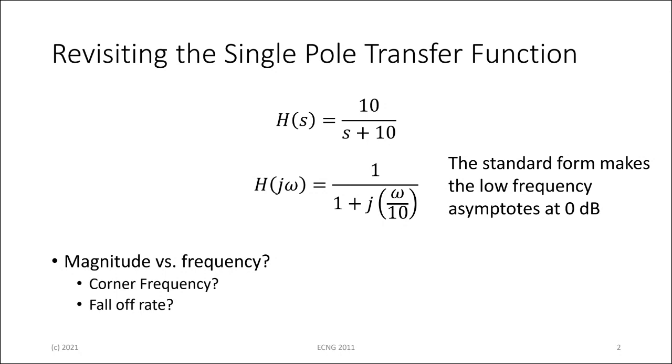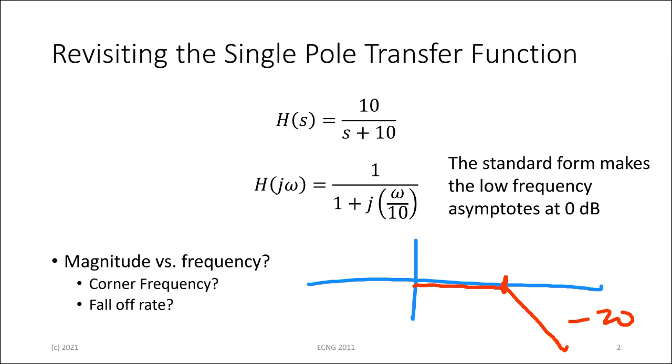And now you could draw the axis here and tell me, okay, the corner frequency is 10. At 10, this transfer function is going to go from flat and decrease at minus 20 dB per decade. And the phase is going to go from 0, and then at 10 is going to go to minus 90 degrees. Right? So we could do that now just by inspection.